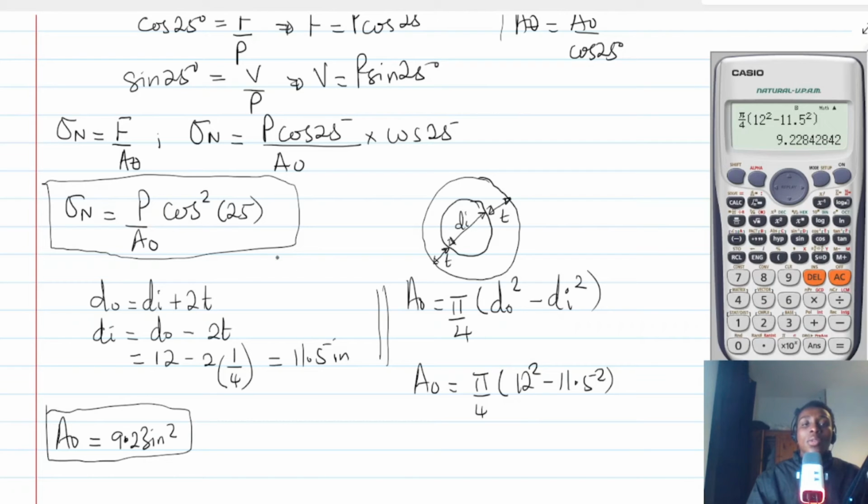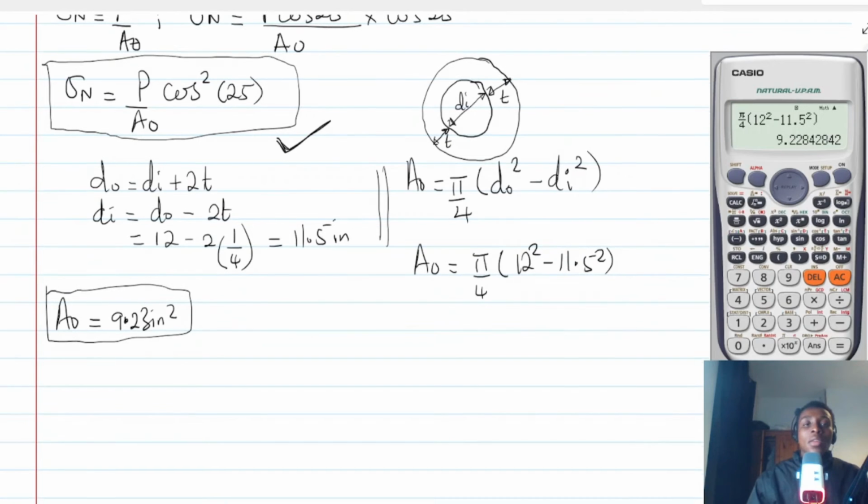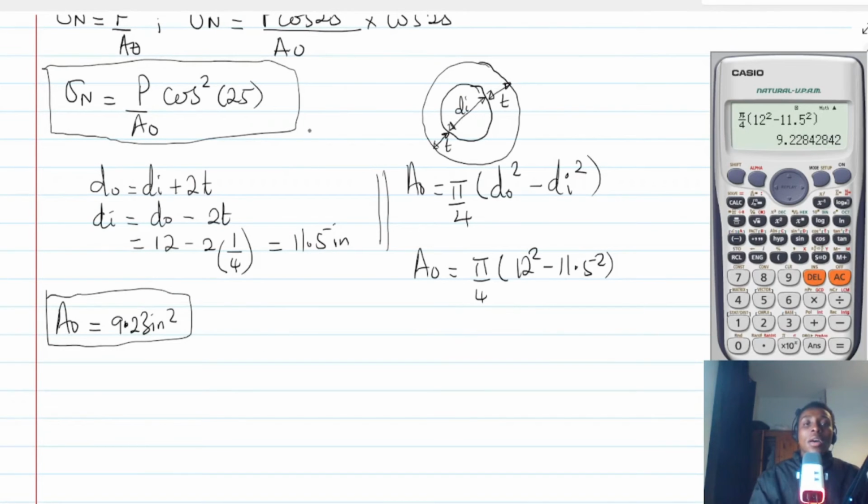Okay, so now this is the formula for the normal stress. And then, so let's call that formula equation 1. Let's find the formula for the shearing stress. For the shearing stress, tau is going to be V over A theta. But V is P sine theta. Then we divide it by A naught divided by cosine theta.